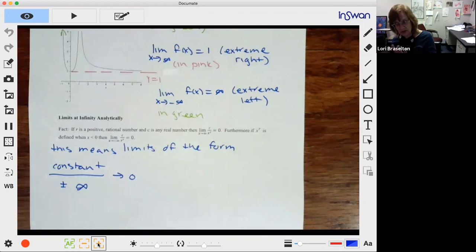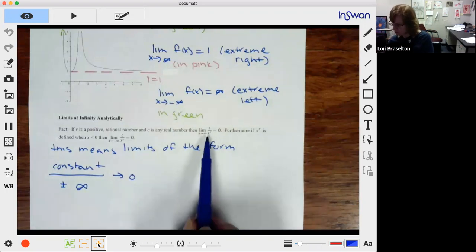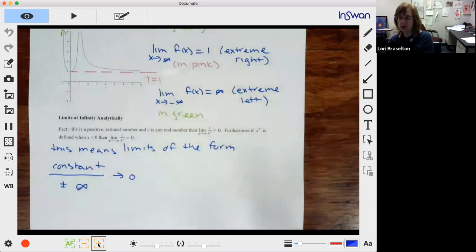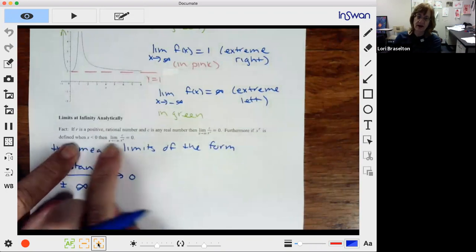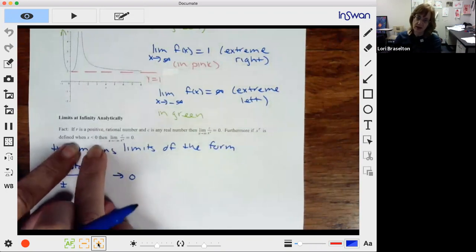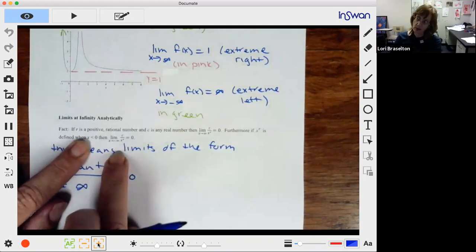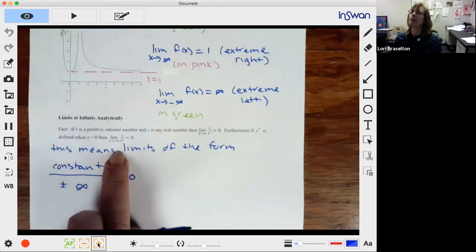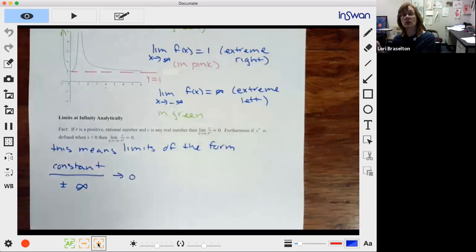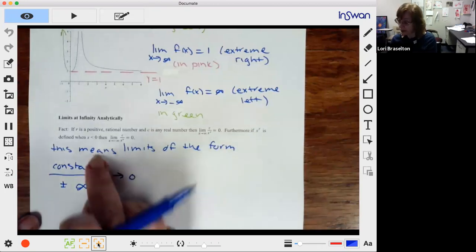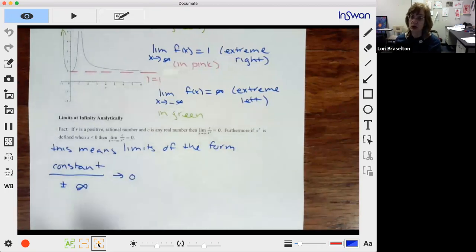So we really shouldn't do substitution. But in the case of exponentiation, infinity raised to an exponent, or negative infinity raised to an exponent, as long as it's defined, and that's what this part is saying here, that if x is negative, so if I'm going to negative infinity, as long as we avoid an imaginary number, constant over infinity goes to 0. Any limit of that form goes to 0.